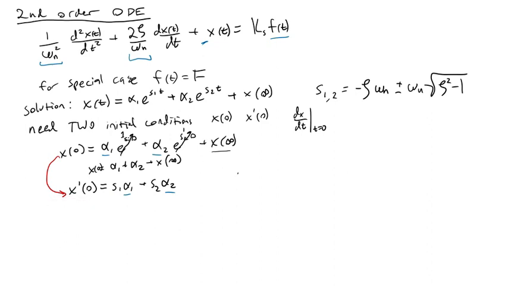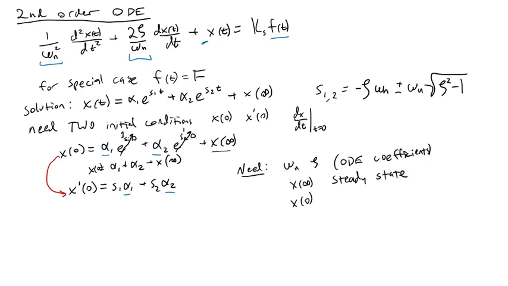So to solve that second order differential equation, we need our constants omega n and zeta, which come from the coefficients of the ODE once we have it in that form. Again, we need x of infinity, our steady state solution, and then we also need two initial conditions, x of 0 and x prime of 0.